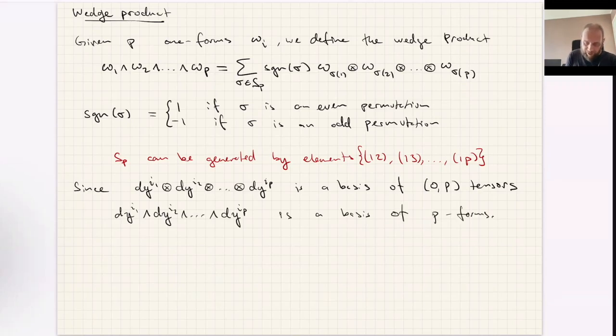Now, not all of these are going to contribute. Some of them are going to be 0, others are going to be linearly dependent on others.